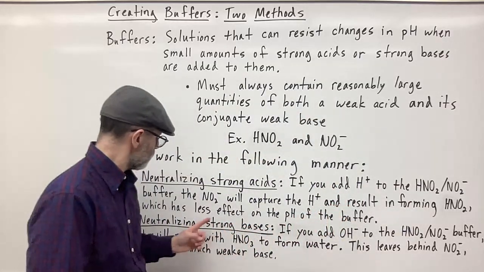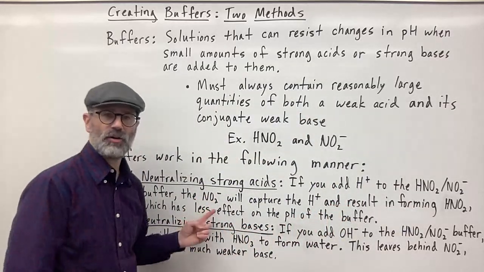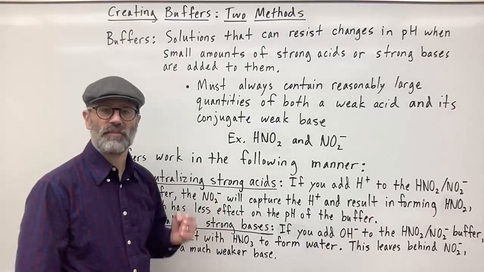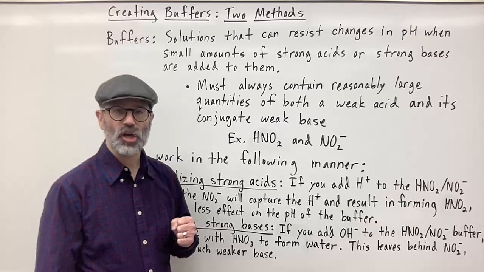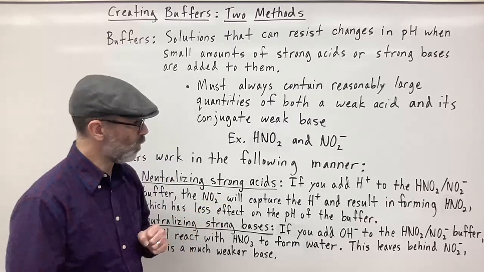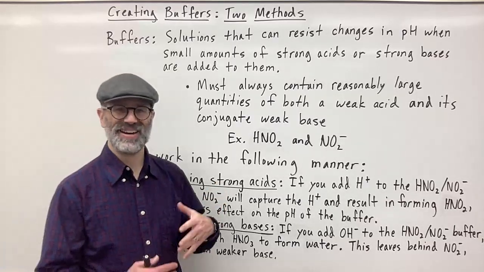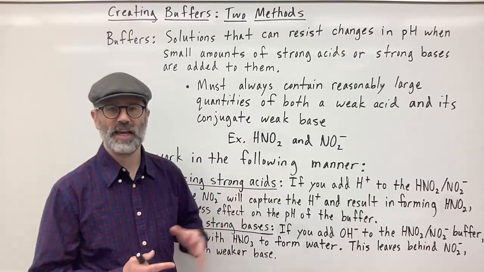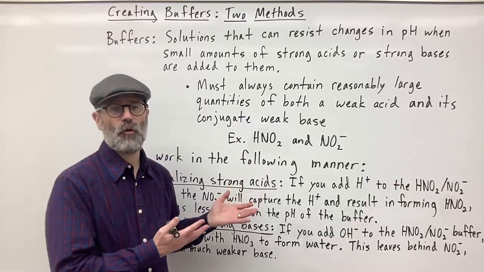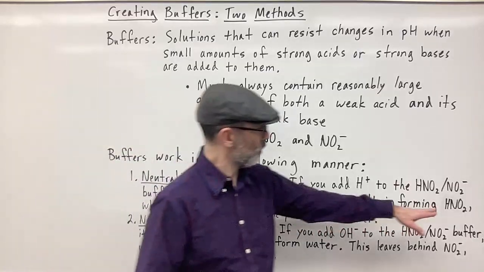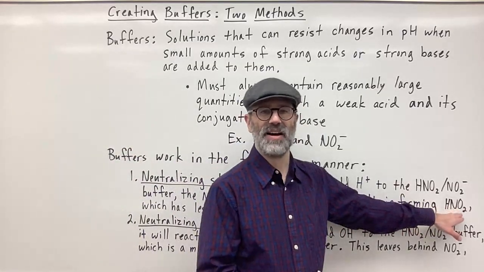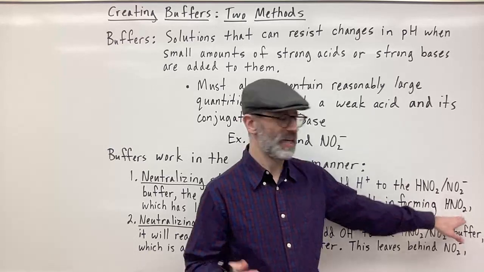The nitrite ion will not easily let go of the hydrogen in the HNO2. It will hold on to it more strongly, and therefore it's not going to give off the H+. So you're swapping a strong acid with a weaker acid that has less effect on the pH.